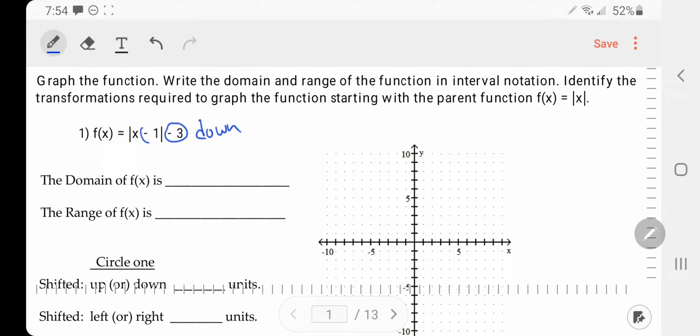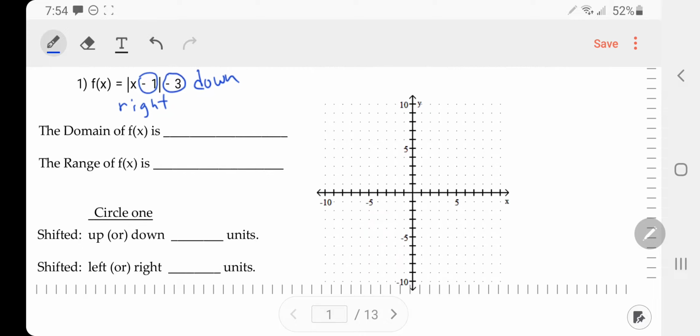We have a -1 inside the function. That is a horizontal shift. Plus is left, minus is right. And so now we can complete the transformation section. So we know that this graph is going to shift down 3 units and to the right 1 unit.